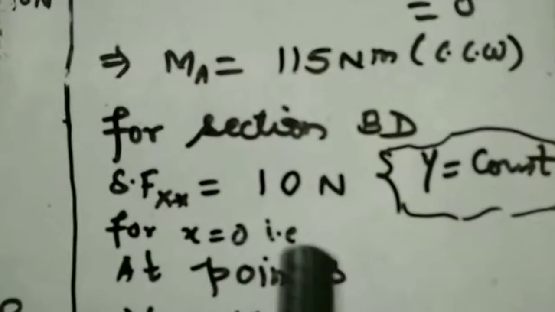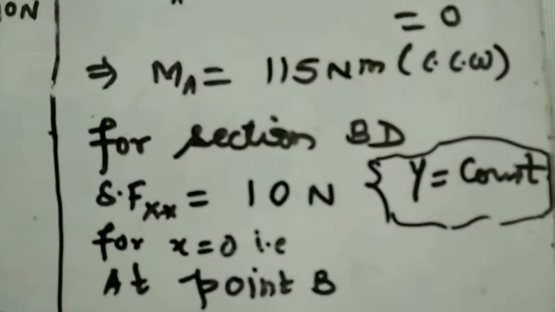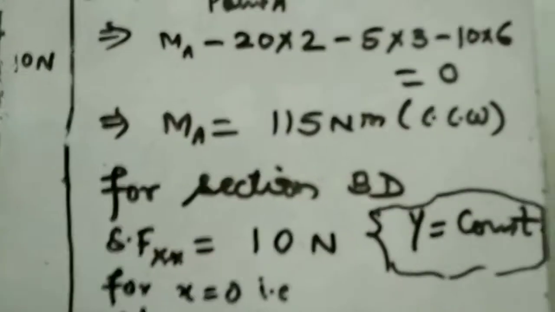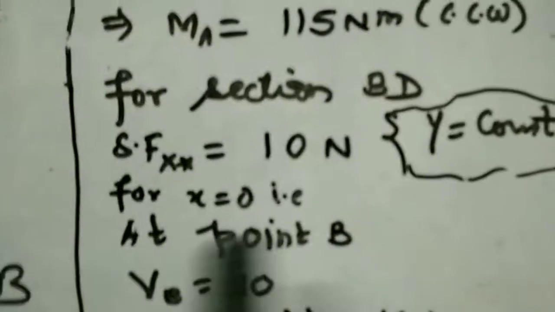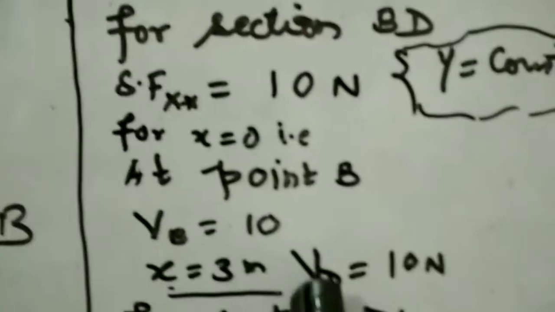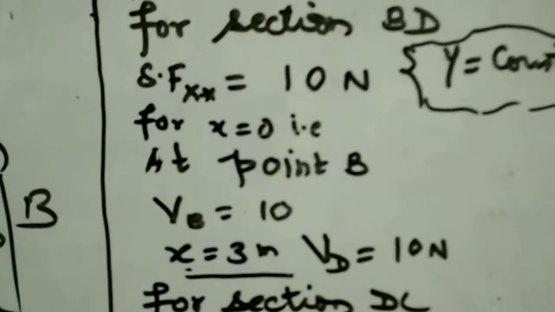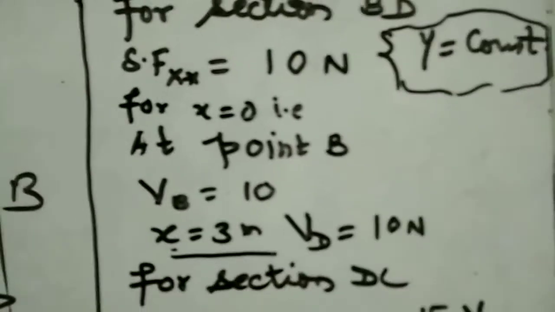So we'll find out the value of shear force at salient points of the section BD, that is, the value of shear force at point B, that is at x equal to 0, is 10 Newton, and at x equal to 3, that is at point D, the value of shear force is 10 Newton.